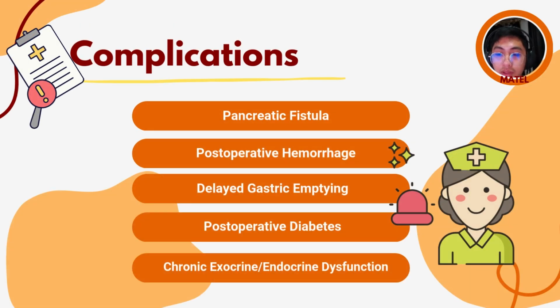These are the common complications associated with the Beger procedure. We have the pancreatic fistula, which is the uncontrolled fistulation of the portal veins. We have the commonly postoperative hemorrhage if the wound is not closing down, especially when the blood sugar rises and the wound won't be able to close by itself because of the unstable blood sugar.